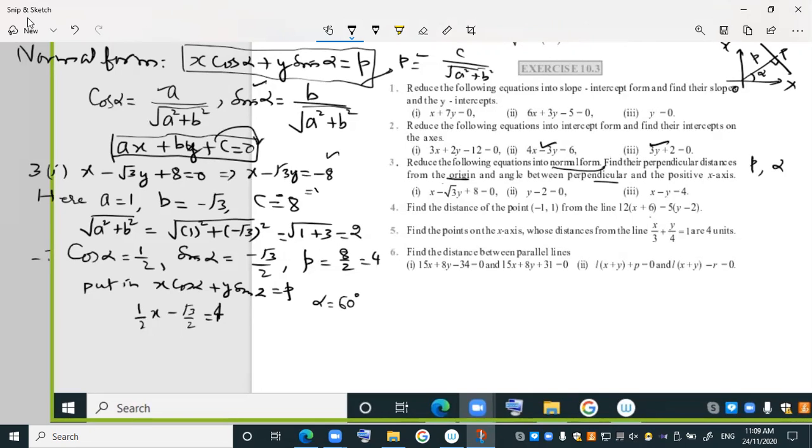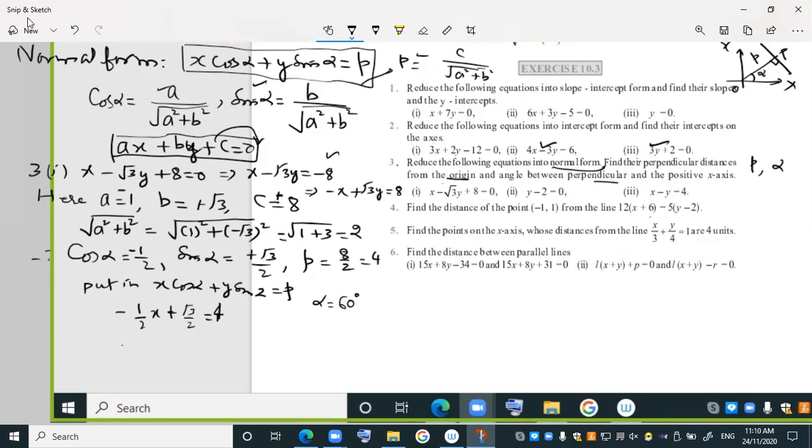So then you have to change this equation to minus x plus root 3y is equal to 8. So remember, this is C. So now C will become plus and B will become plus and A will become minus. So we are getting here minus, here plus and here plus.